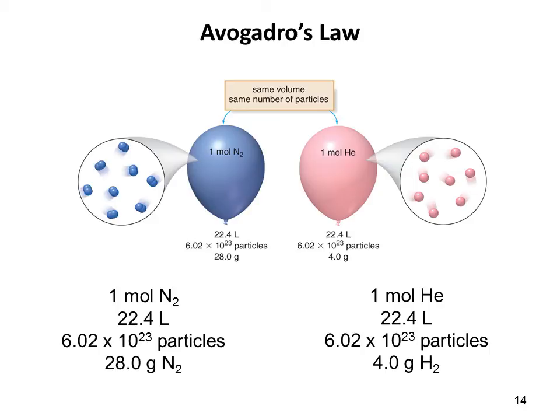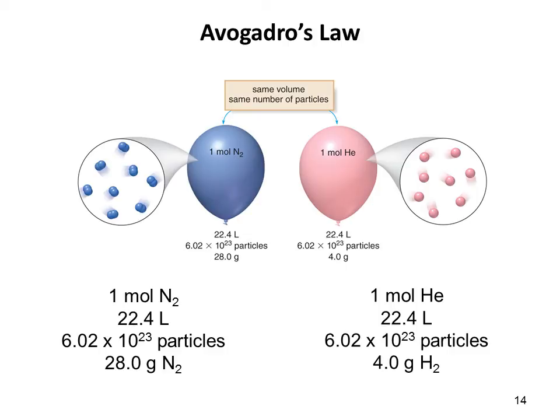Notice, 1 mole of nitrogen is 28 grams. 1 mole of helium is 4 grams. That means that the density of nitrogen is much greater. It's going to be 28 divided by 22.4 liters, which is, I'm calculating it right now, 1.25 grams per liter.